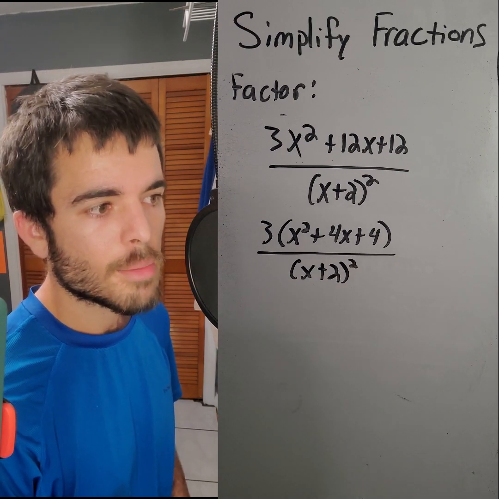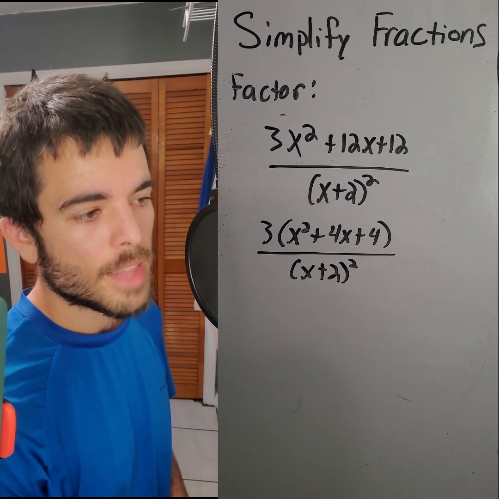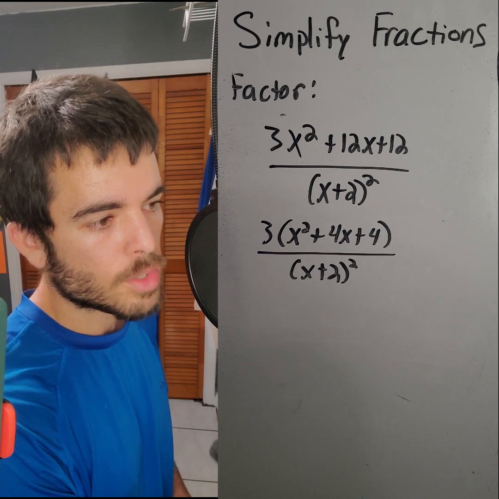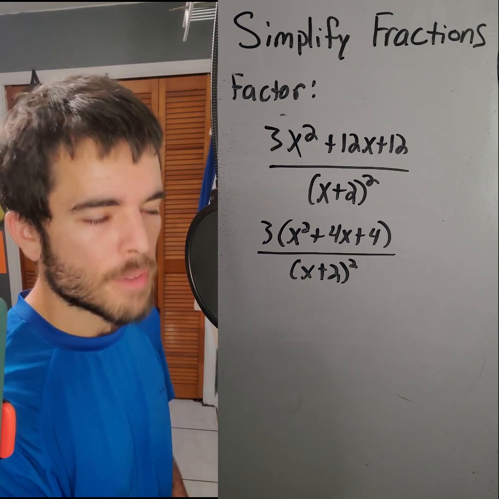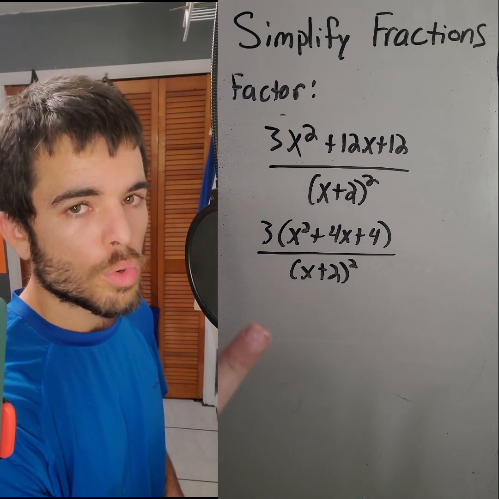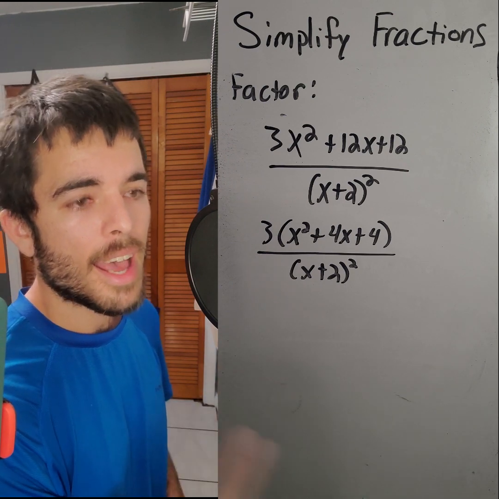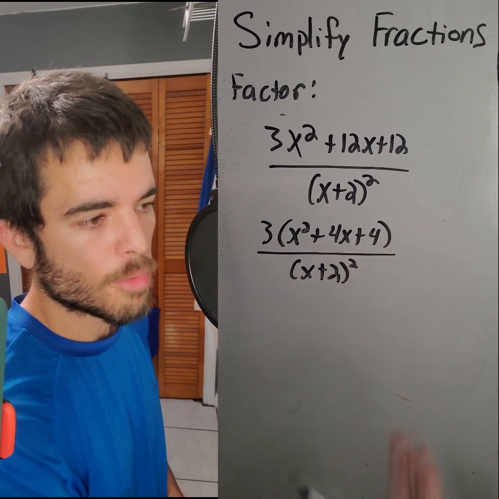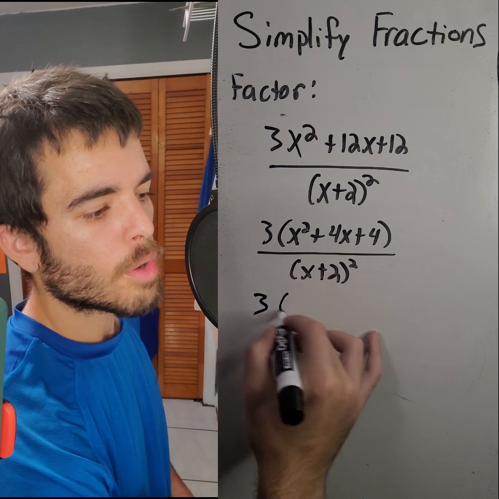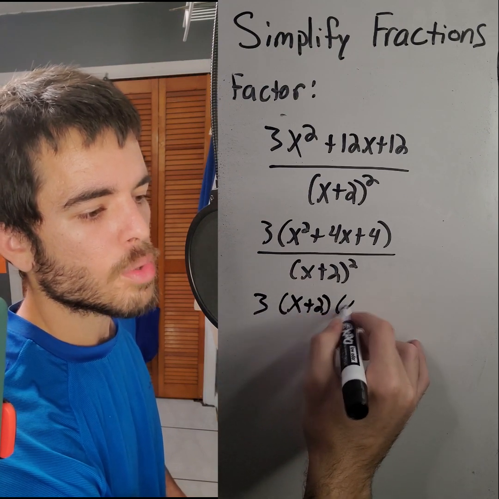But we're not done. Sometimes you have to factor twice. That quadratic, x squared plus 4x plus 4, can be factored further. 2 can be multiplied by itself and added to itself to give us the numbers 4 and 4. So we want to rewrite that as x plus 2 times x plus 2.